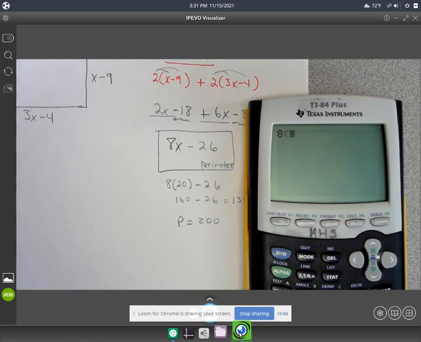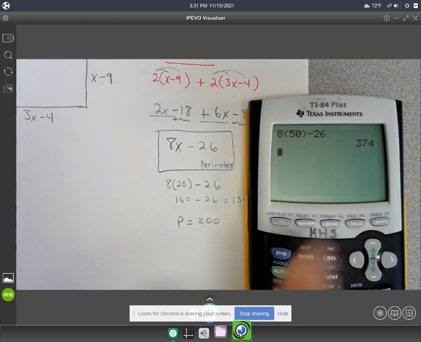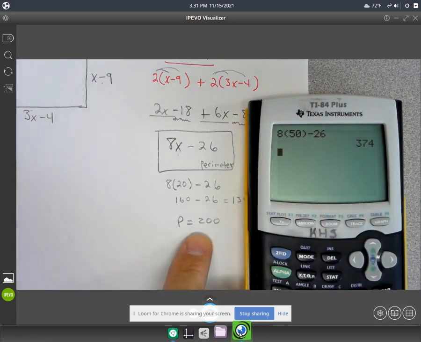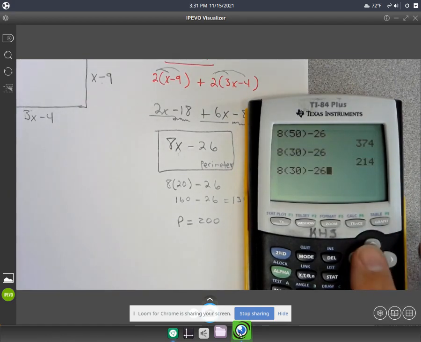So maybe you think, oh, maybe it's 50. X is equal to 50. You get 374, which is too big, so you've got to dial it back a little bit. Maybe you think x is equal to 30. Ooh, that's pretty close, actually. Got to dial it back a little bit more. 25. All right, I've got to go up now. But you get the idea.